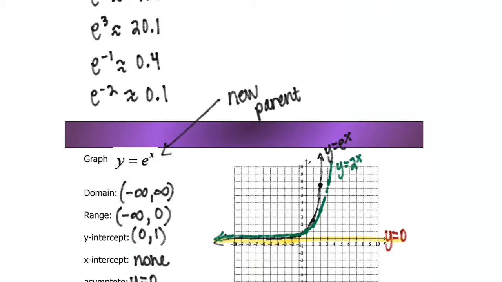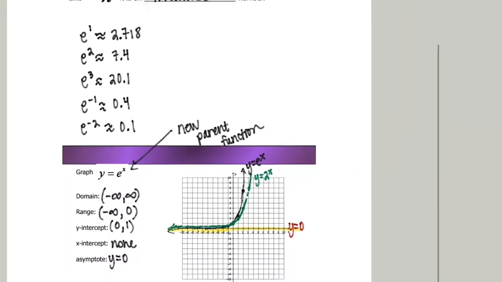Our range is 0 to infinity. We still have a y-intercept at 0, 1. We don't have any x-intercepts, and our asymptote is also y equals 0. So this is a new parent function.